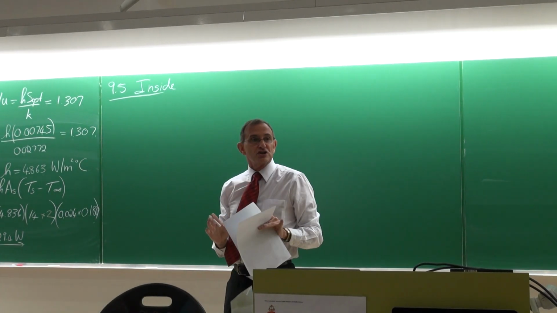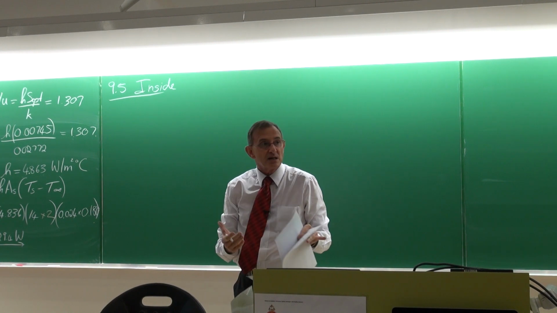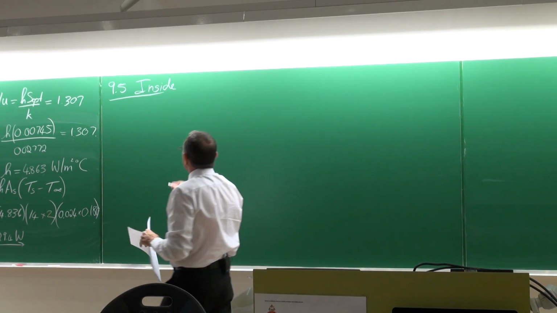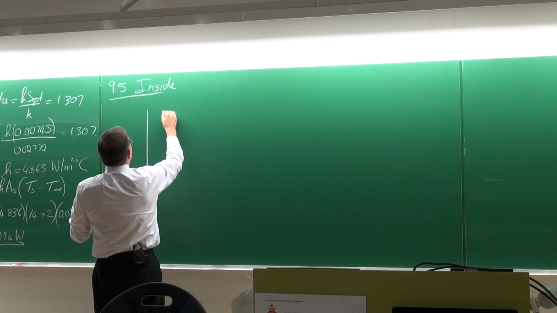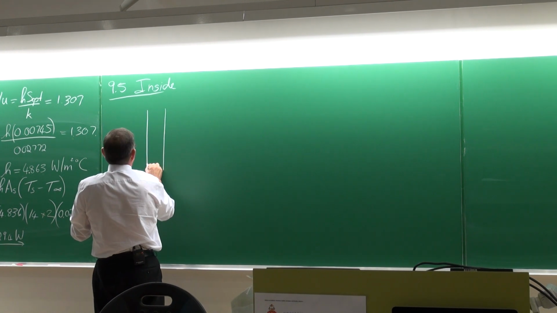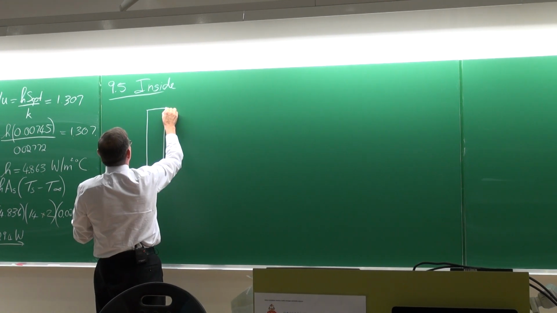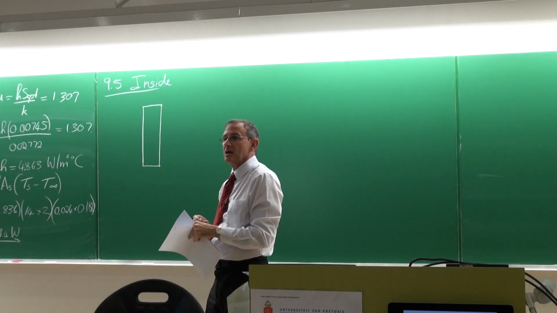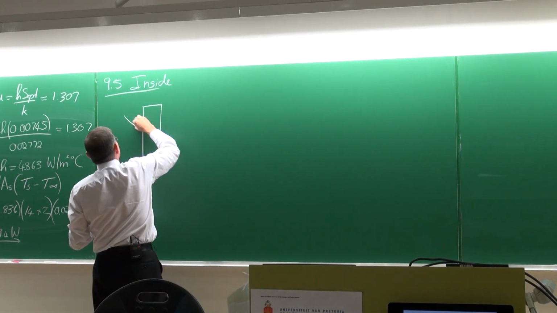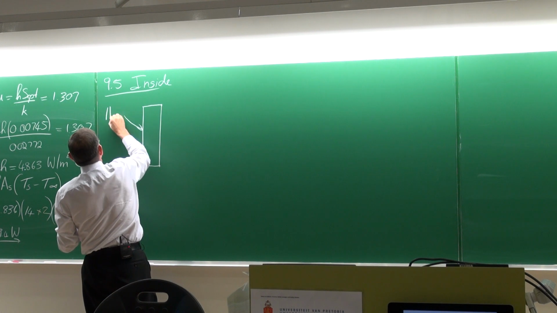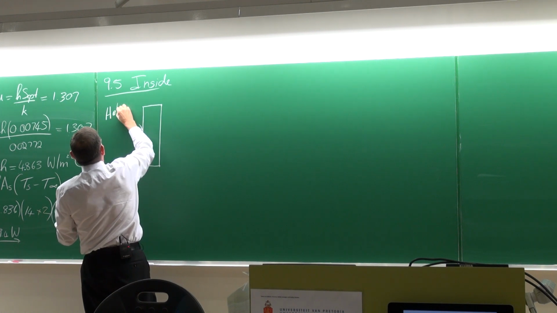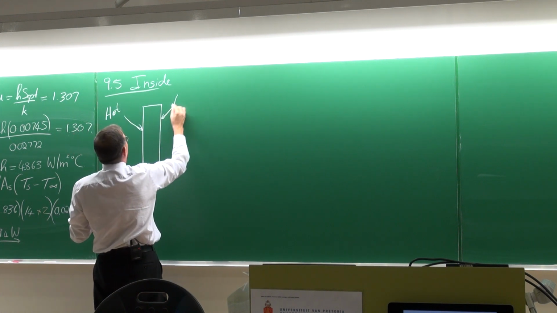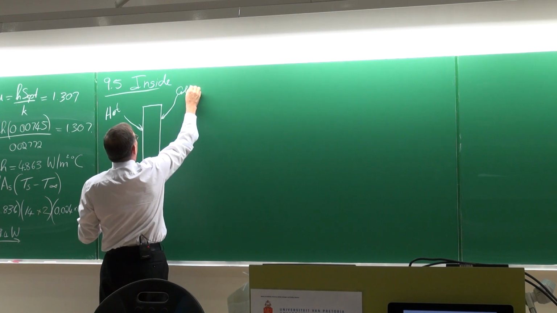Inside enclosures. And one of the best examples of that is glass. So if you've got two glass plates, and this is maybe on the inside of a house, it is hot, and there you've got the outside of the house, which is cold.